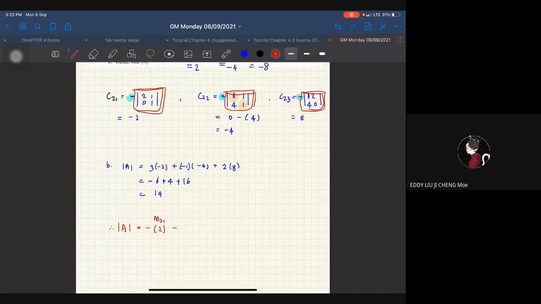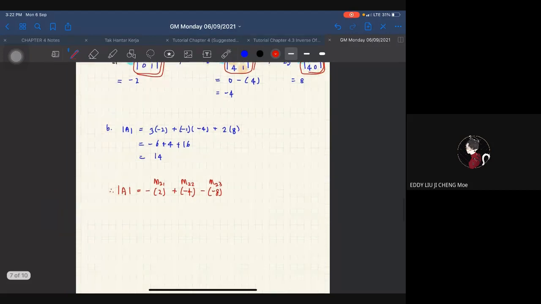Okay, and then the second sign is positive, plus. Okay, and then just put -4. Okay, so this is the second minor, M22. And then lastly, awak akan tolakkan dengan -8, which is the M23. This one. Okay, so awak akan dapat jawapan yang sama juga.